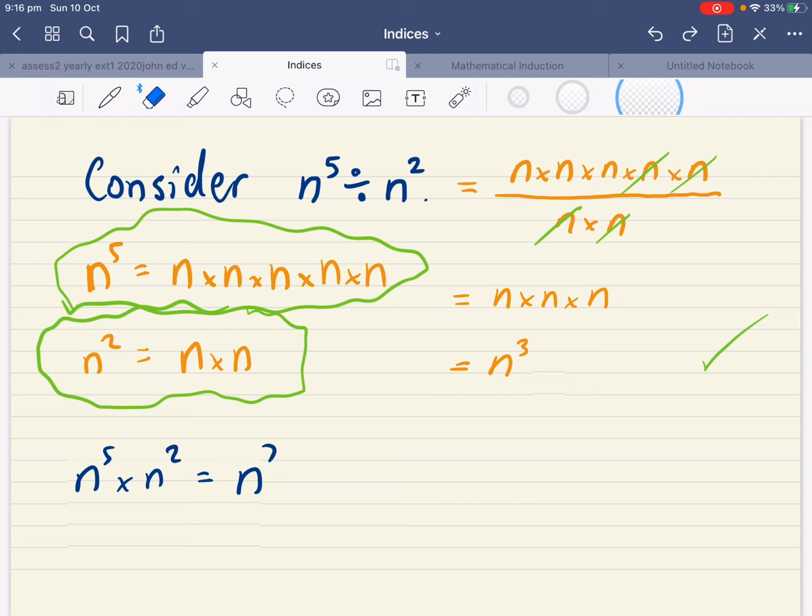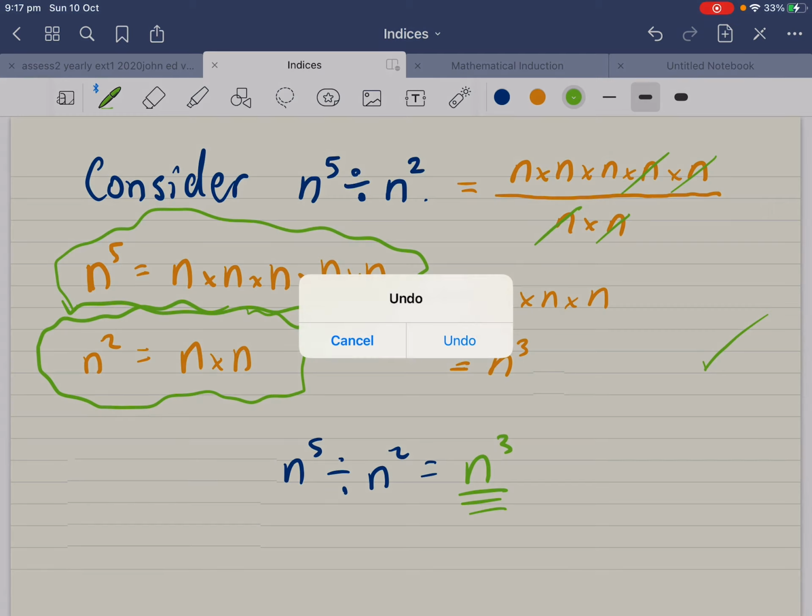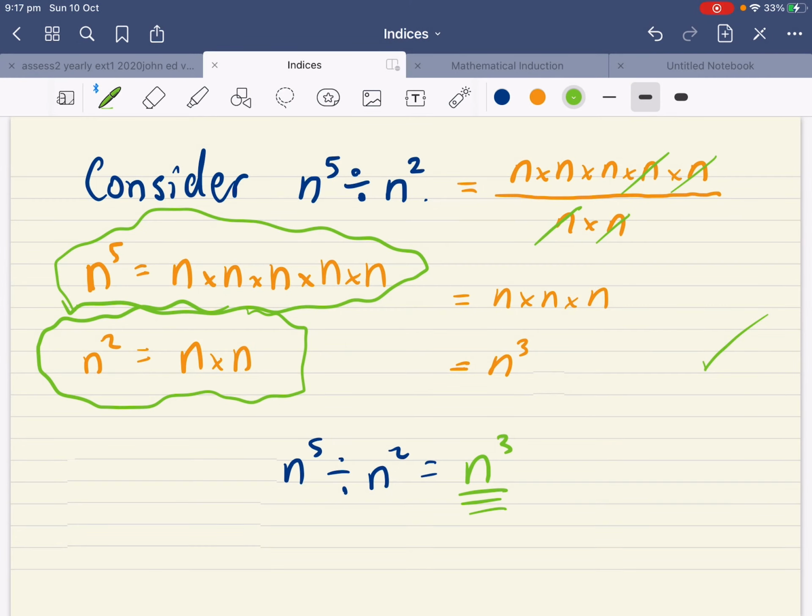So officially, the way I would have done this question is if we had n to the 5 divided by n squared, all I would do by using index law number 2 is keep the base the same, take away the powers, and check it out. You go straight to the final answer. So officially, the actual law is this.